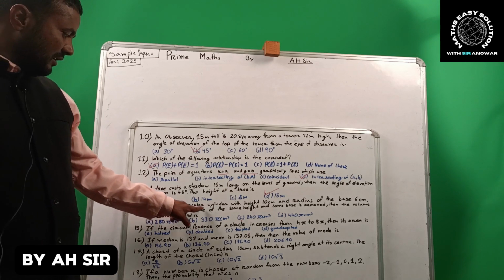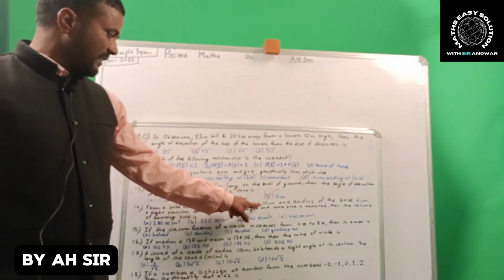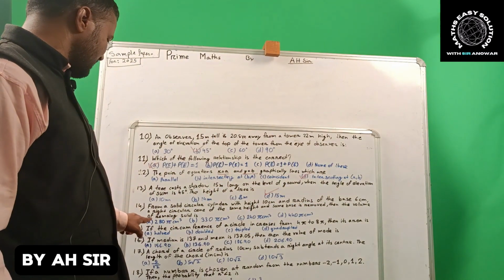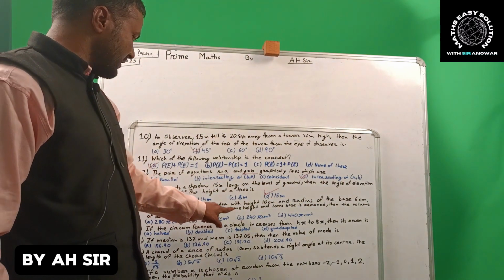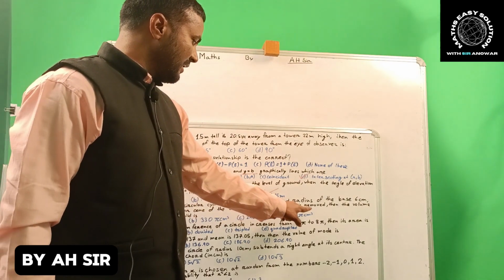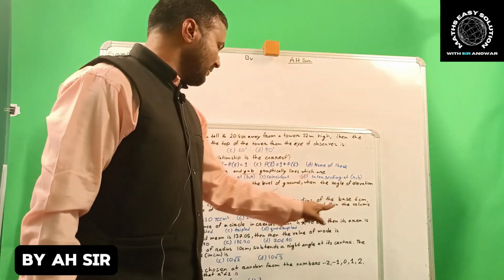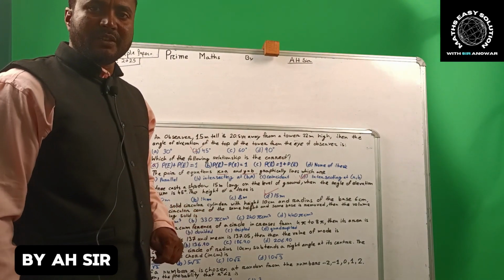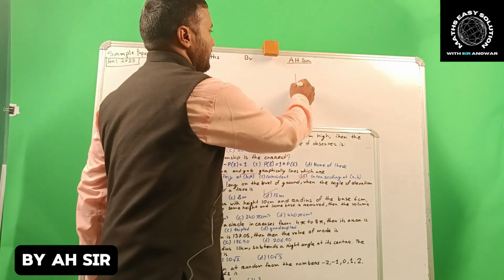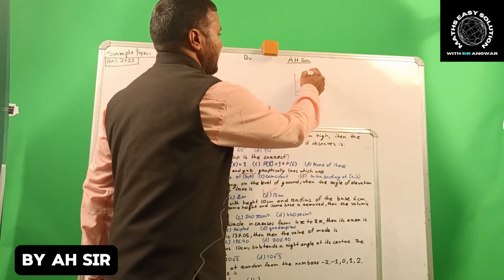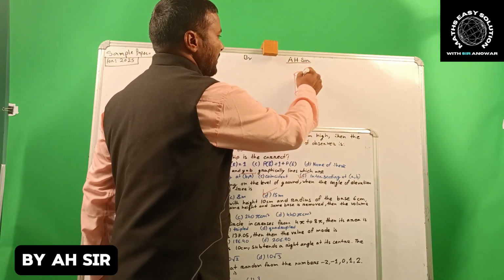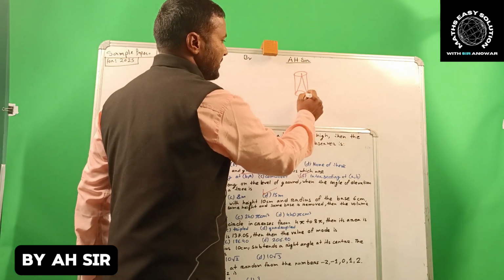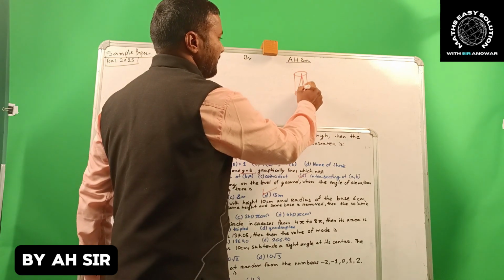From a solid circular cylinder with height 10 cm and radius of the base 6 cm, a right circular cone of the same height and same base is removed, then the volume of the remaining solid is? This problem is based on mensuration. We have a cylinder, height of the cylinder and radius is given. Then from here, this part is cut out. Radius becomes same, height also same.